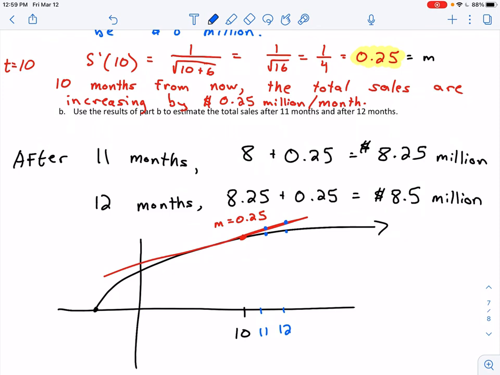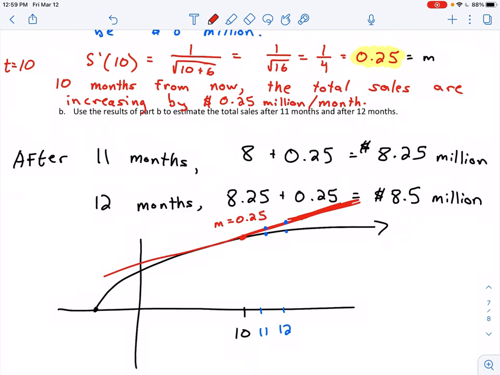And this is one thing that I wanted to show you, that as you get further and further away, as we move further and further to the right, our red tangent line is getting further and further from that black line. What that means for us is that our approximation is getting worse and worse as we get further and further away from t equals 10.